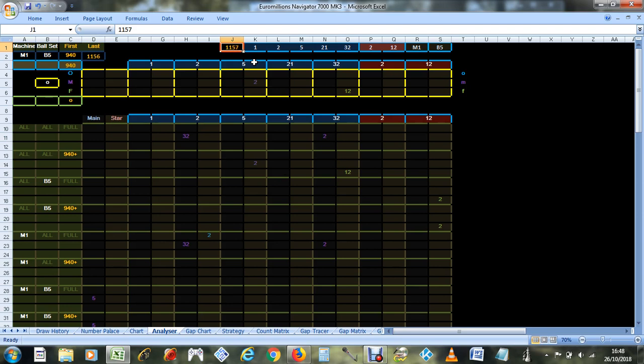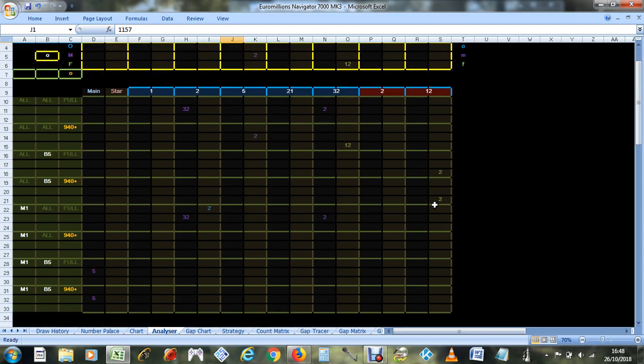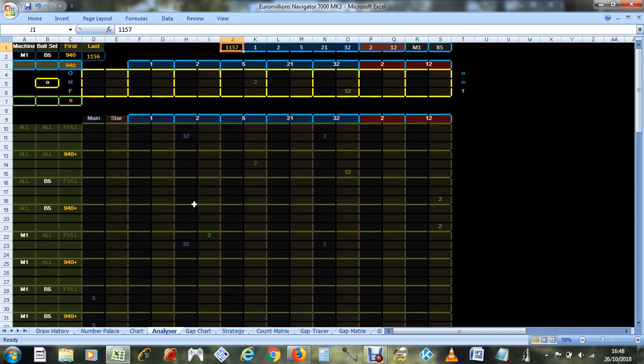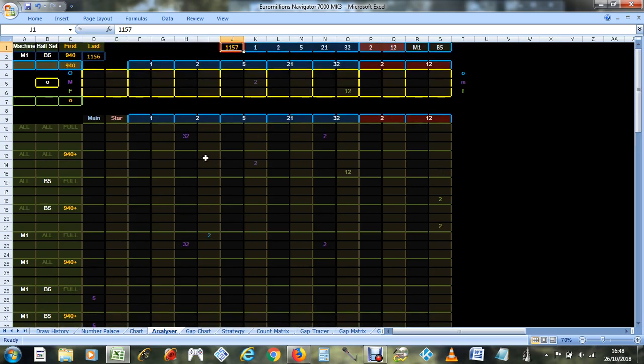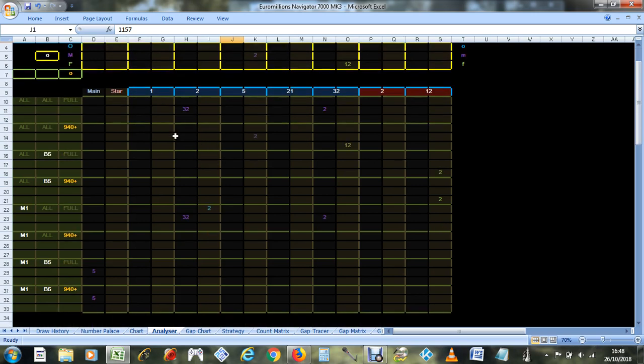Right, anyway, that concludes the analysis grid, but I'm going to show you things that I'm not picking up on this analyzer, because it's only looking at the numbers that are most outstanding, either because they're the most frequent, most overdue, or most overdue for the frequency.